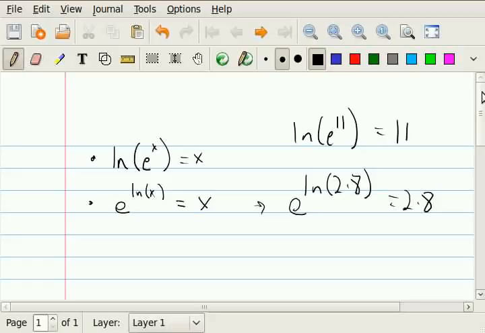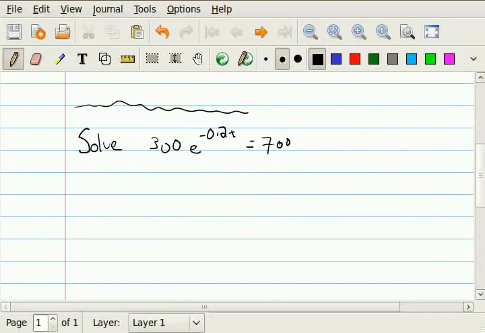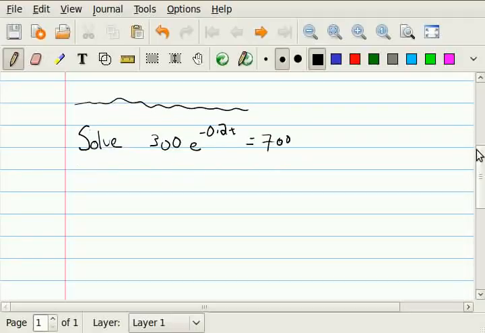Okay, so how can we use that? Well, we can use that idea to solve equations, in particular, equations that either have log functions or exponential functions in them. So if you look at this equation, 300 times e to the power negative 0.2t equals 700. Now, in algebra, before you talk about exponential functions, you really have no way to solve this equation exactly, but now we do.